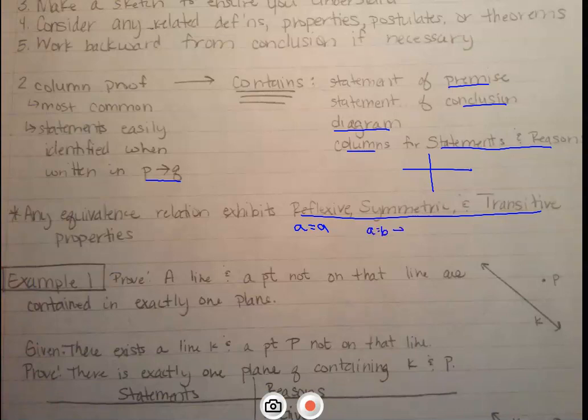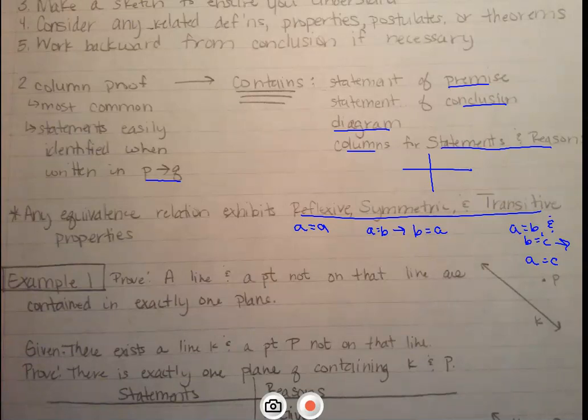If A equals B, then B equals A. And what was the transitive? If A equals B and B equals C, then A equals C. Those are those properties in some shorthand to help you remember, because sometimes that will be helpful.